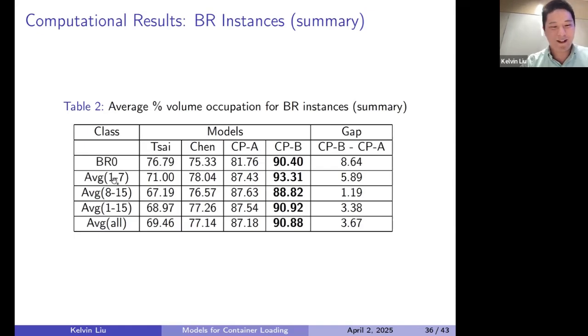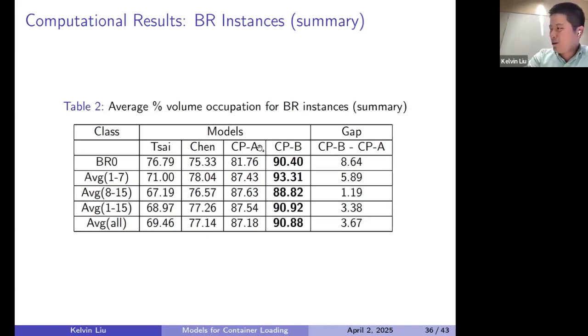And here it's averaging over the 700 instances in BR1 up to BR7 and so on. Okay, so for the weakly heterogeneous instances, you can also see that our constraint programming model significantly outperformed the MIP models, and same for the strongly heterogeneous instances, BR8 up to BR15.